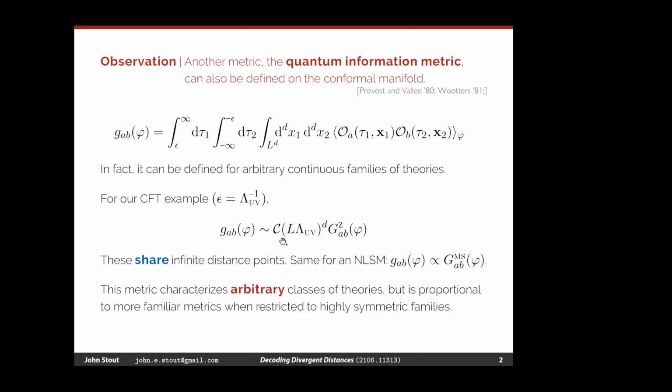Importantly, the dependence on varphi is shared between these two. So anything that's infinite distance in this metric is also infinite distance in that metric. And in fact, you can play the same game for a nonlinear sigma model, where it's a theory specified by the metric on moduli space, or the metric on field space. We find there also that this information metric is proportional, much in the same way as it is for the Zamolodchikov metric, to the metric on moduli space.